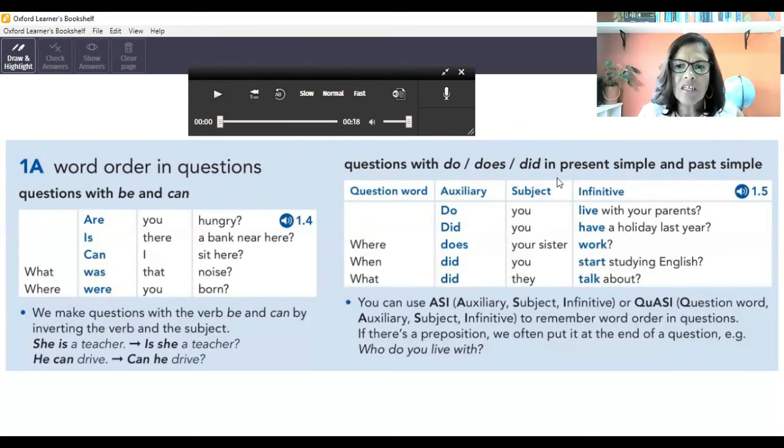Follow this order here, and then the complement is going to be natural. Again, I'm going to play for you to listen and repeat. The first two are yes or no questions, and the last three are information questions. So the first two, rising intonation, the last three, falling intonation at the end. Okay? Let's go.